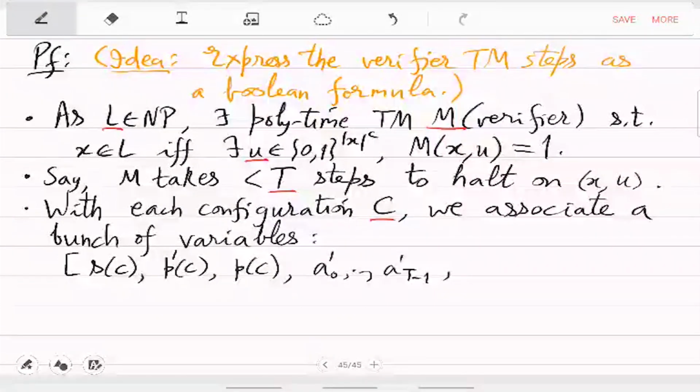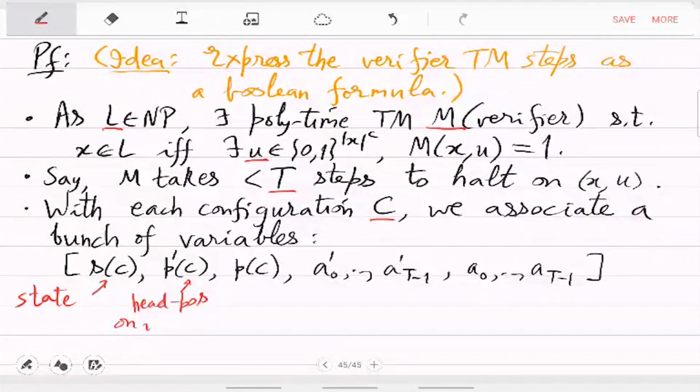And what is there on the work tape? So this is the state variable. This is the head position on the input tape.